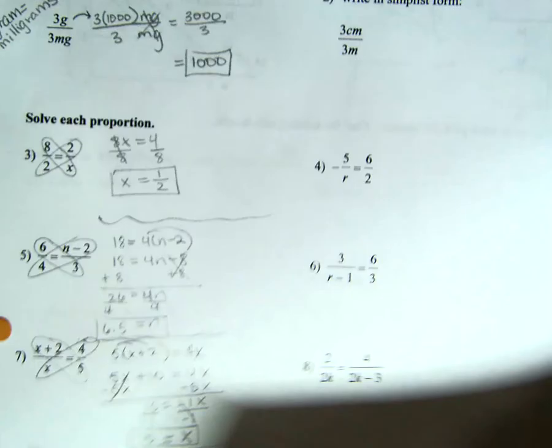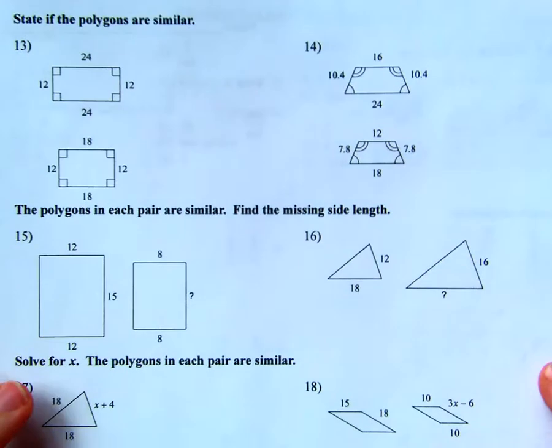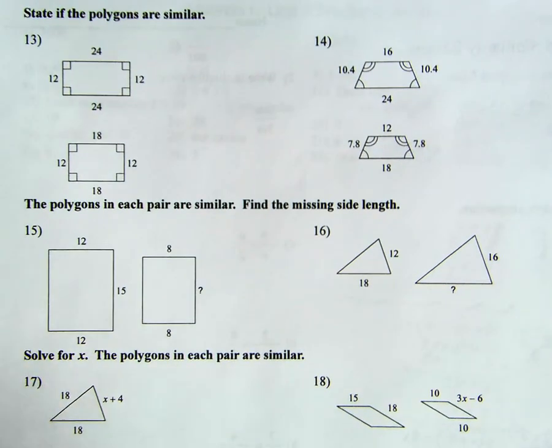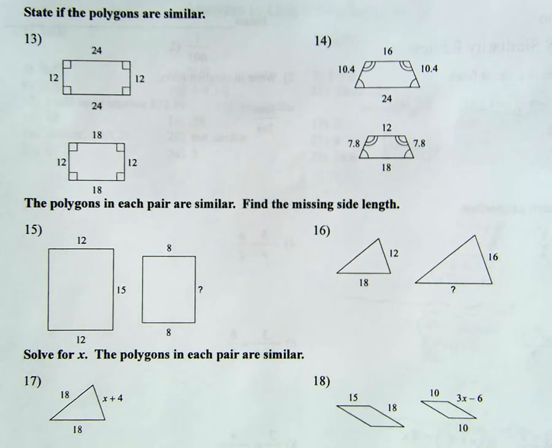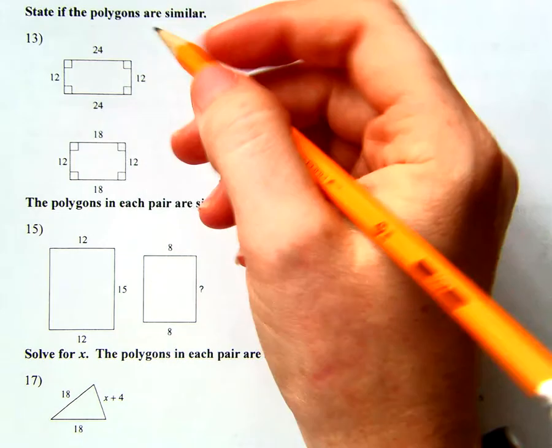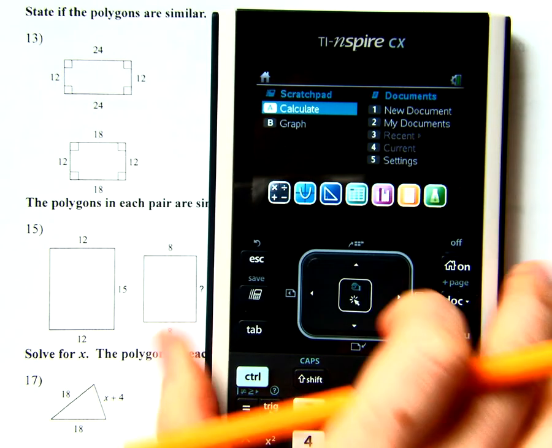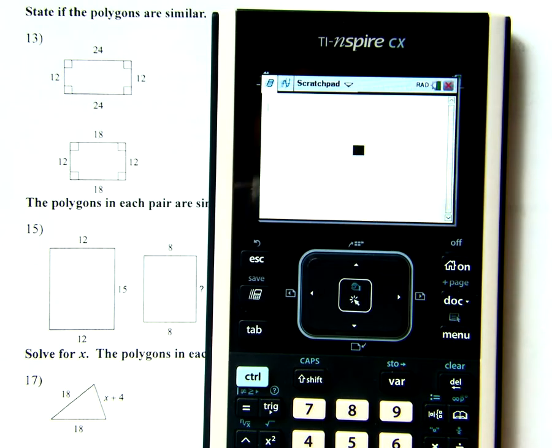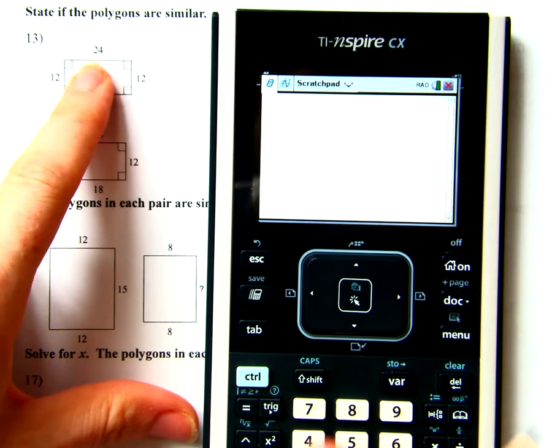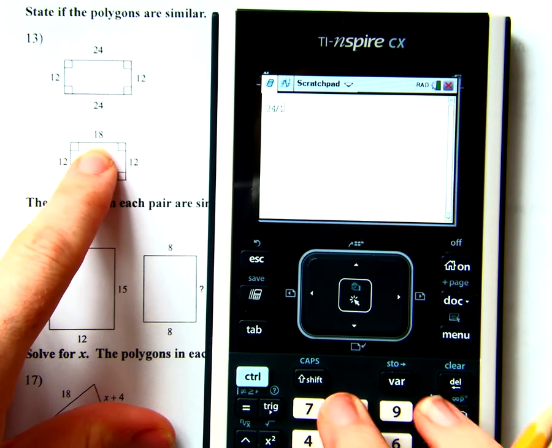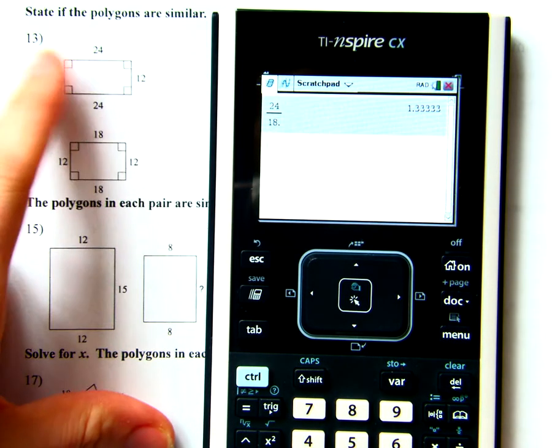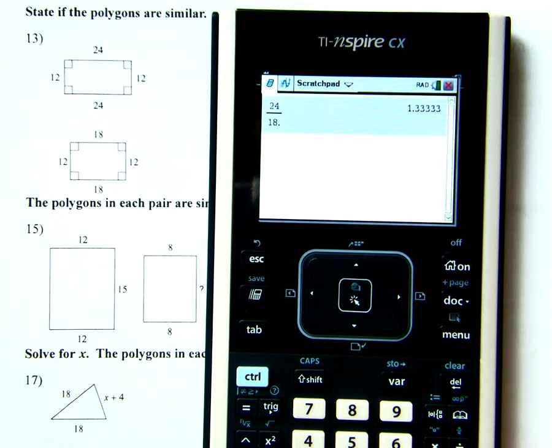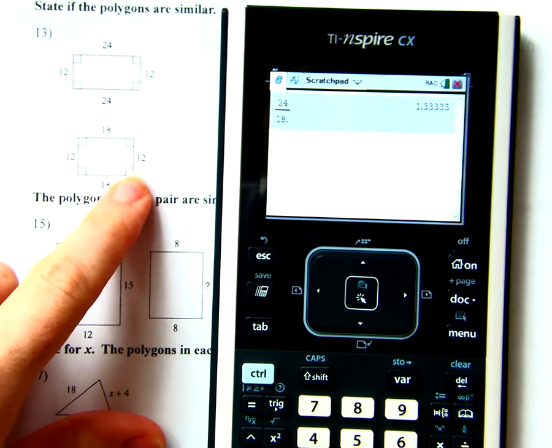All right, moving on to number 13. I kind of threw some different shapes here at you to see if you understand that it doesn't really matter if it's a triangle or not a triangle. If a shape is similar, all the sides are in proportion. That's all. Okay, so I'm just checking my proportions here, and so I'm just checking to see, is 24 divided by 18 in proportion with 12 divided by 12.